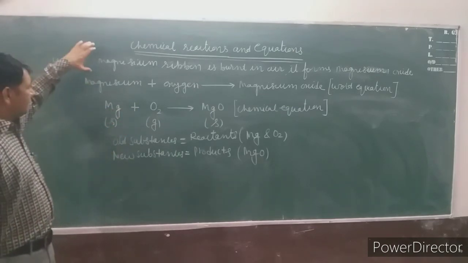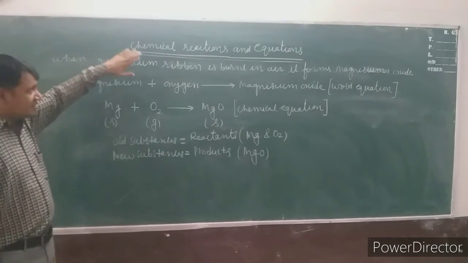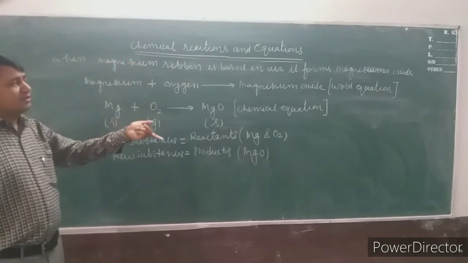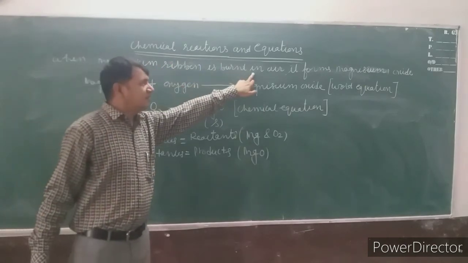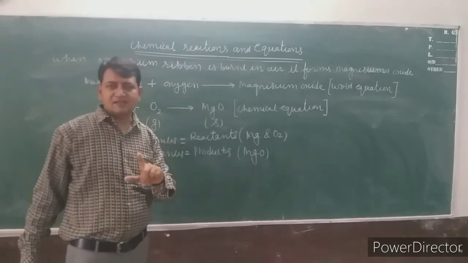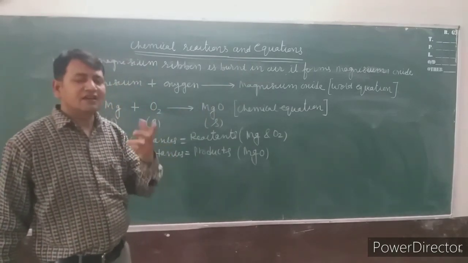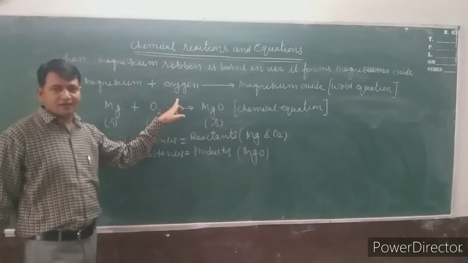So this is the concept of word equation and chemical equation. This statement explains a chemical change, and this chemical change occurs due to a chemical reaction between magnesium and air, because in the air only a single gas supports burning, that is oxygen. So I have mentioned oxygen here, not air.